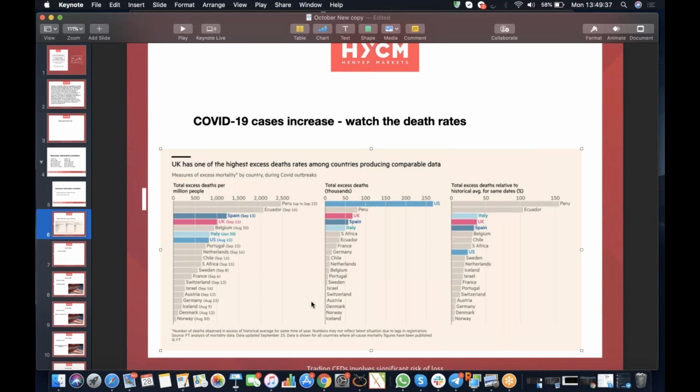So that's one careful metric to keep an eye on. The cases are rising all the time across Europe, and further restrictions will happen. Those potential restrictions will weigh on equity. So that's one key risk this week, further equity selling. So be aware of that.